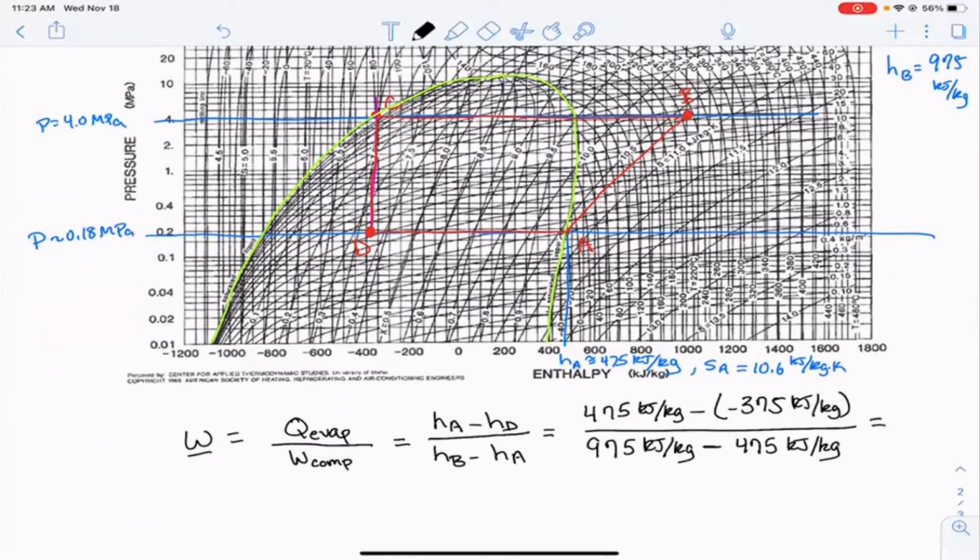So for this process, the coefficient of performance is equal to 1.7, right? So it's greater than 1, just like it is for most processes.